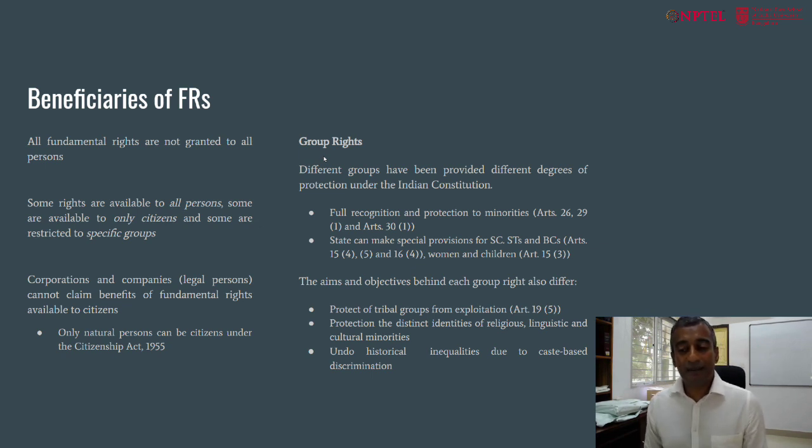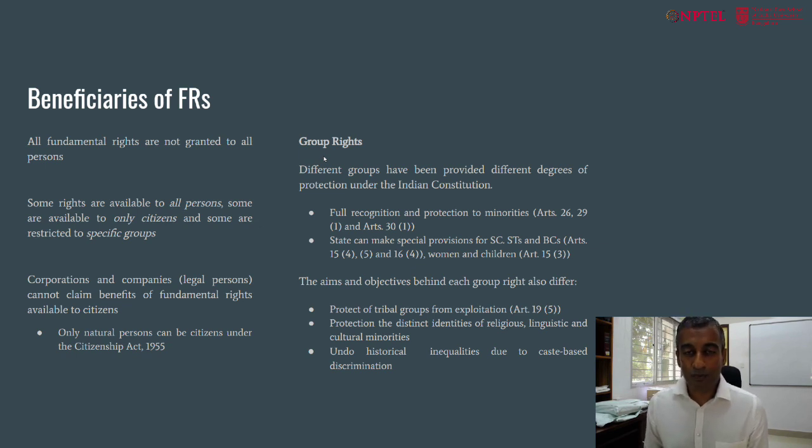And let's pay attention to group rights a little bit, so that we get alert to what kinds of groups and under what conditions can they claim rights. So different groups have been provided different levels of protection under the Constitution. There has been a recognition and protection to linguistic and religious minorities in Articles 26, 29, and 30.